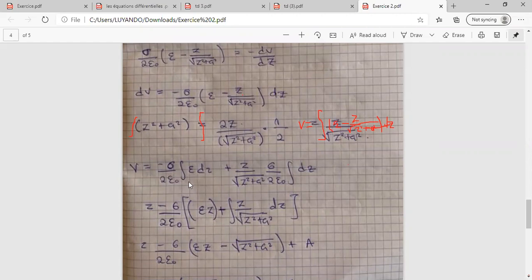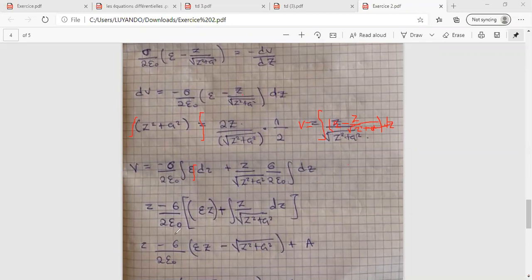If I integrate e with respect to dz, e can either be 1 or negative 1, so I'm going to have e times z, because the integration of dz is z. Plus, if I integrate this, this is the primitive of this, so I'm going to have the square root of z squared plus a squared plus a constant. You know that when you're integrating, you always have to have a constant.